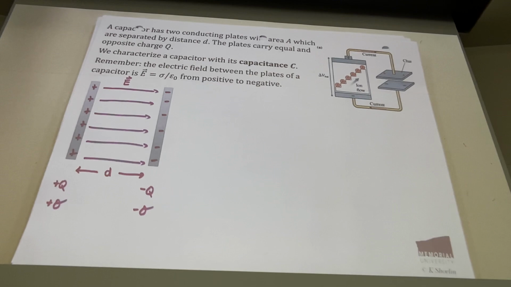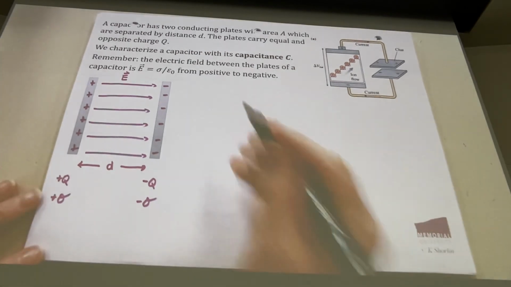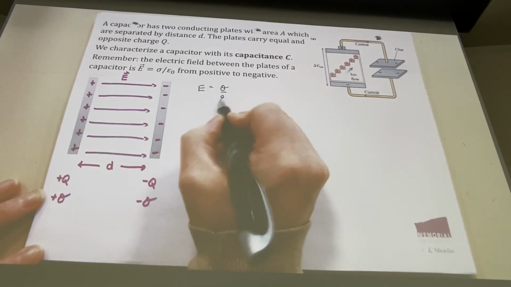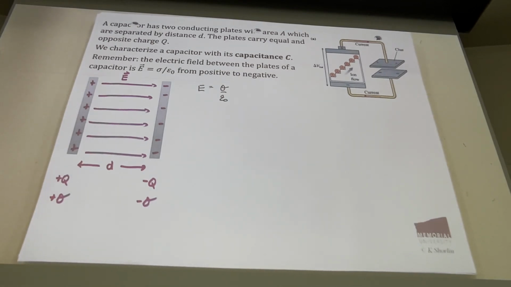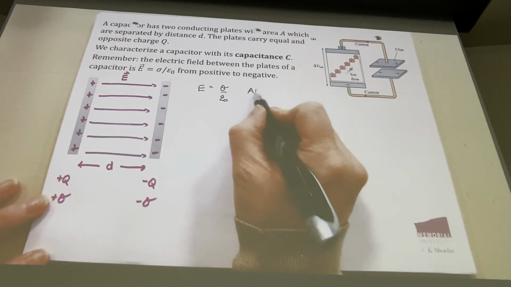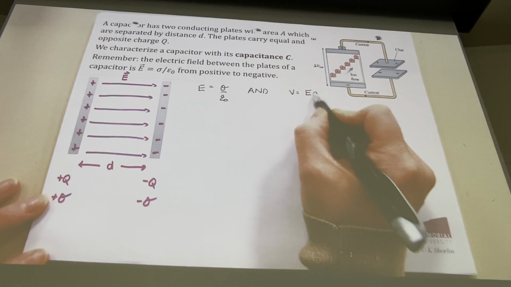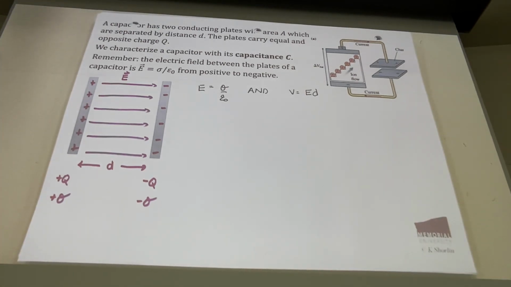So let's write down what we know about electric field and electric potential. We know that the field between the plates is sigma over epsilon naught, assuming there's nothing between the plates, so no dielectrics yet. And we also know that the potential difference between the plates is the electric field times the plate separation. So we're going to put those two things together and come up with something for our capacitance. Let's start with potential is field times distance.